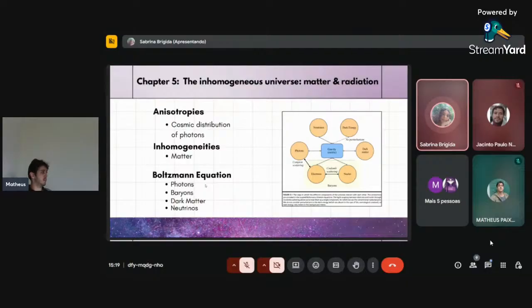One thing we want is the evolution equation for the perturbations in the universe and how to describe the matter and photons in this expanding spacetime with perturbations. So it is important to derive the Boltzmann equation for particles like photons, baryons, and dark matter, and this is what we are going to do in this chapter.